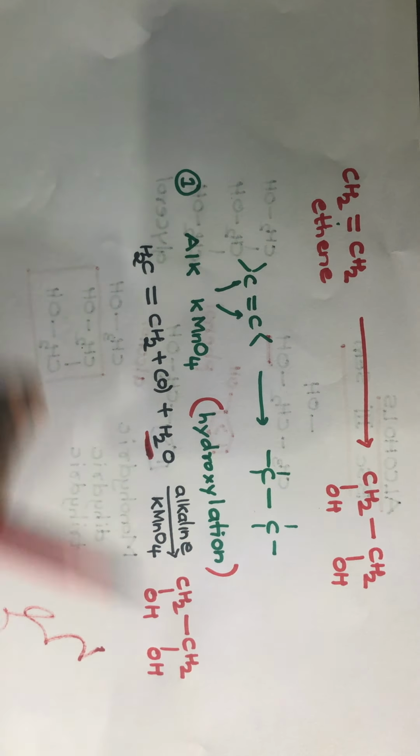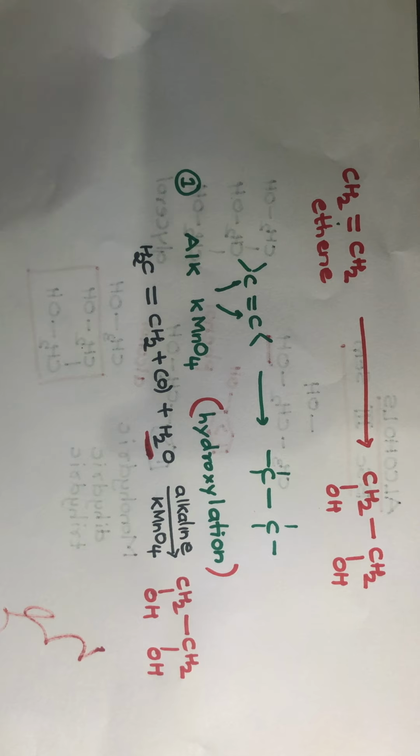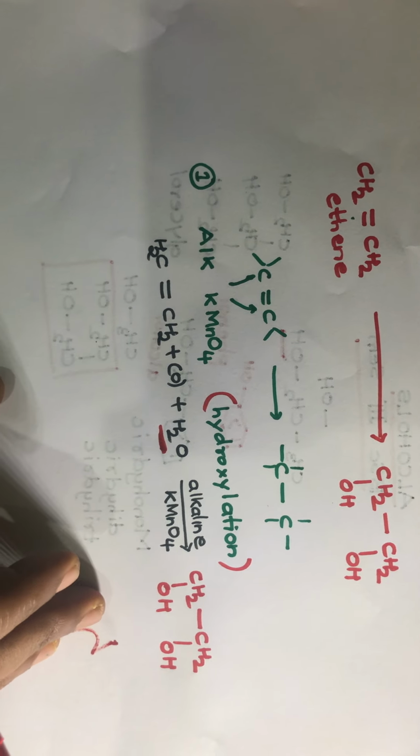This is what happens in a single step. Even ethylene glycol can be prepared by treating ethene gas, which is gaseous in nature, with hypochlorous acid, and in the next step, addition of water. We'll go through that reaction also.